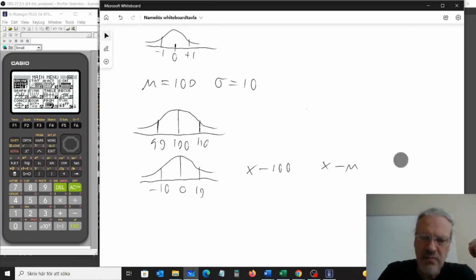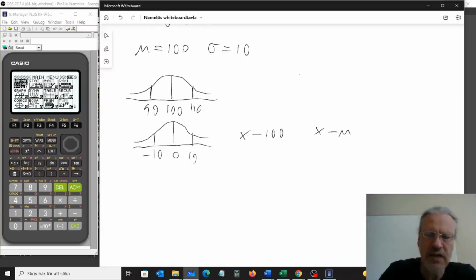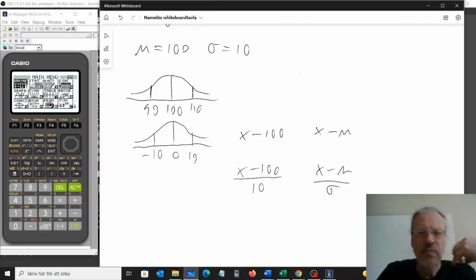And secondly, imagine that we take the value we just calculated, x minus 100, or x minus the average, and divide that by the standard deviation. So that will turn 10 to 1, right? Because you have 110 minus 100 divided by 10, which gives you 1.